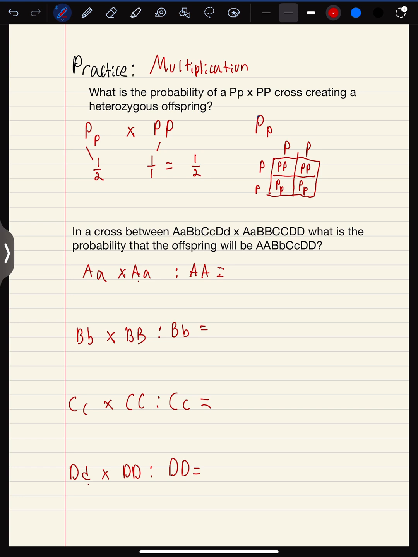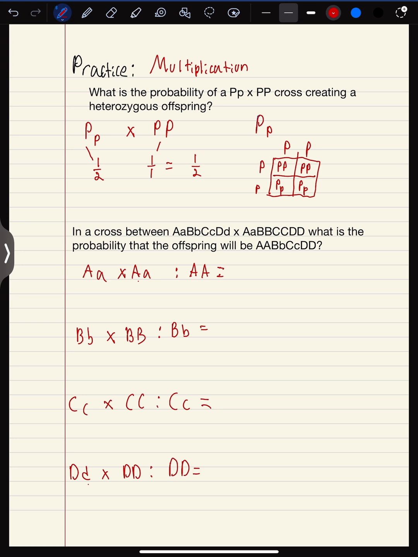Now, let's look at a little bit more difficult question. A cross between big A, big B, or big B, little b, big C, big D, little d, times big A, big B, big C, and big D. What is the probability that the offspring will be? And I'm not going to read that out again. So I wrote down here what we're trying to get.